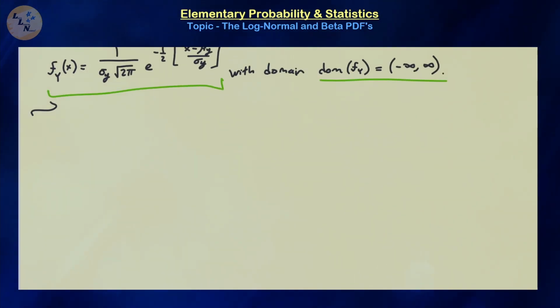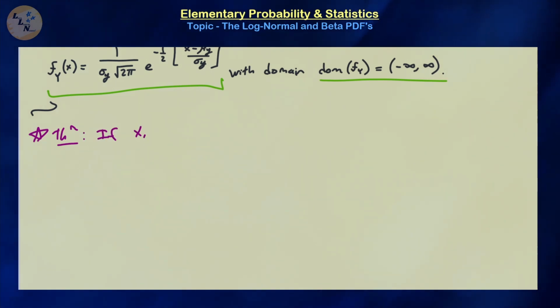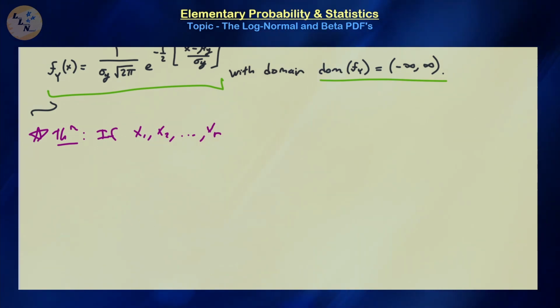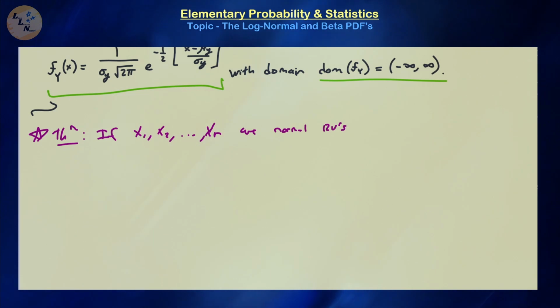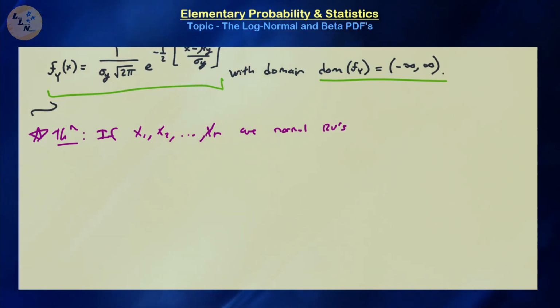Now, there's a very important theorem that talks about one special type of transformation of normal random variables, and it says this. If x1, x2, down to say xn, where n is some finite number, are normal random variables, and we don't mandate that these normal random variables are IID, so they can have different means or different variances and so on.